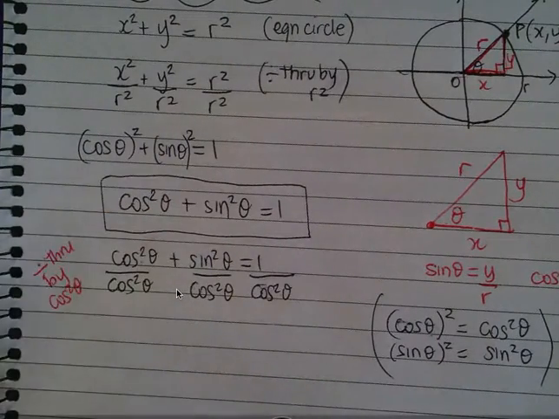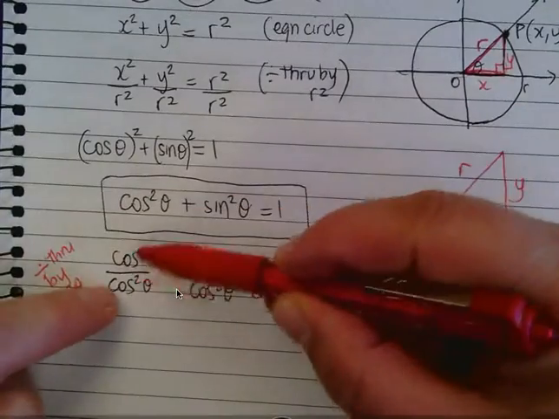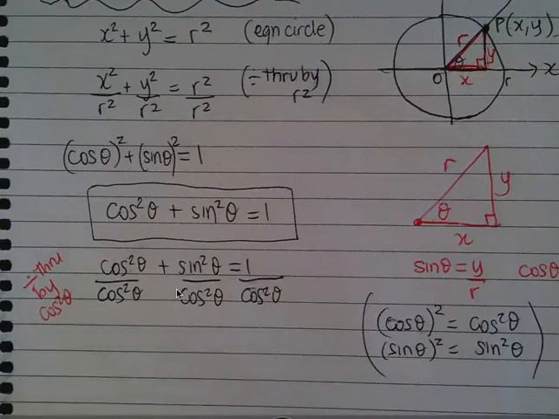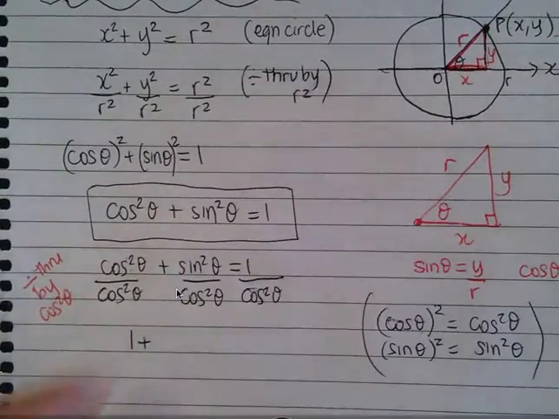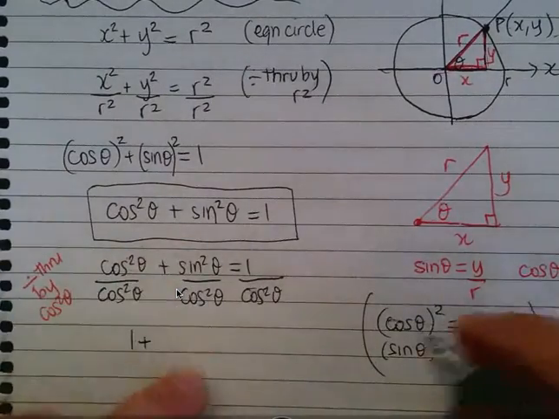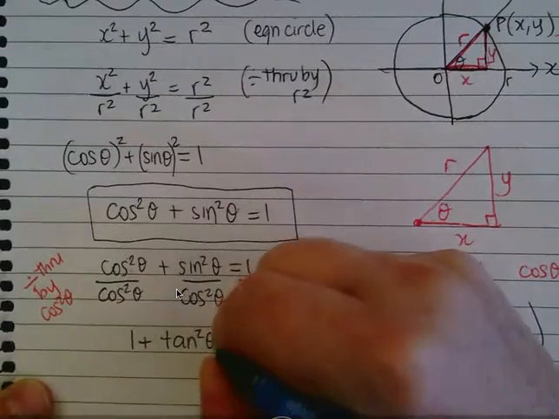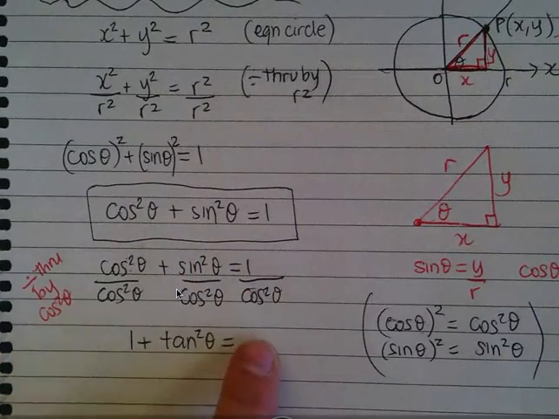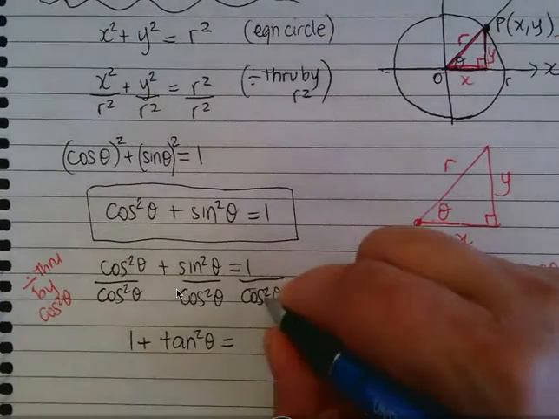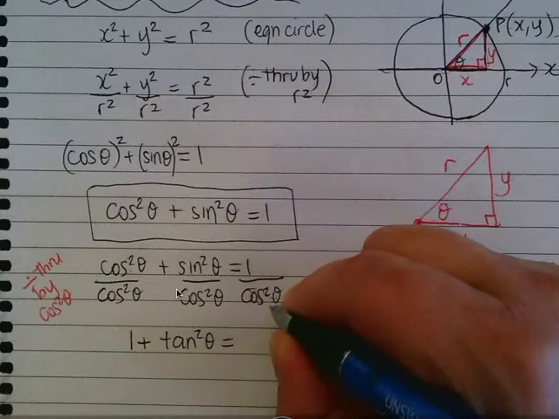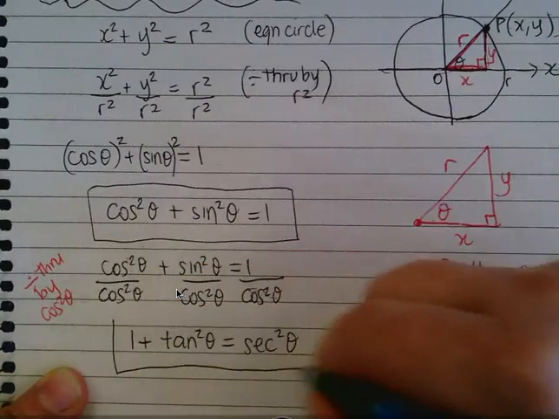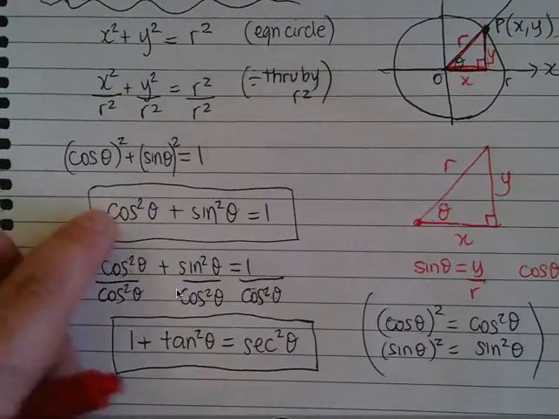Now divide left-hand side and right-hand side by cos squared theta, which means dividing each thing by cos squared theta. What's cos squared theta on cos squared theta? 1 plus. What's sine on cos? We just did it. Tan, so sine squared on cos squared is tan squared theta. Good. And what's 1 on cos? Is it cosec or sec? Third letter. Sec. So 1 divided by cos squared will be sec squared theta. That's your second identity.